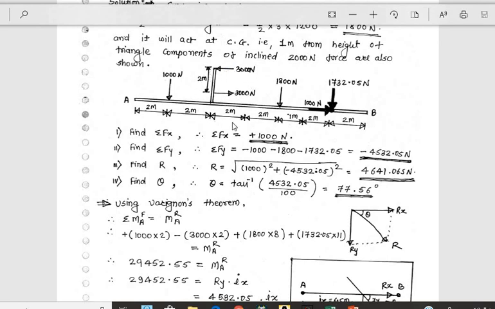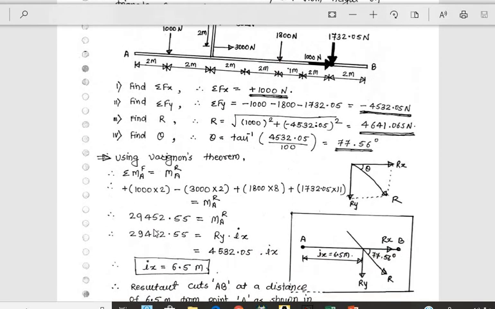So this is anti-clockwise to this point. Now 1800 into 2 plus 2 plus 2 plus 2, 8. Moment of this force about these points: force is 1800, distance is 8 meter. And similarly this 17.32 into 8 plus 3, that is 11. This 1000 is horizontal, it is not creating any moment, so it's 0.